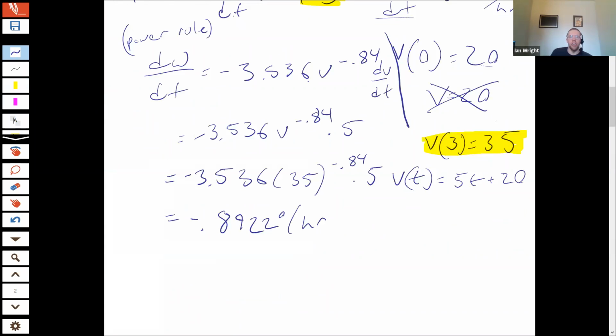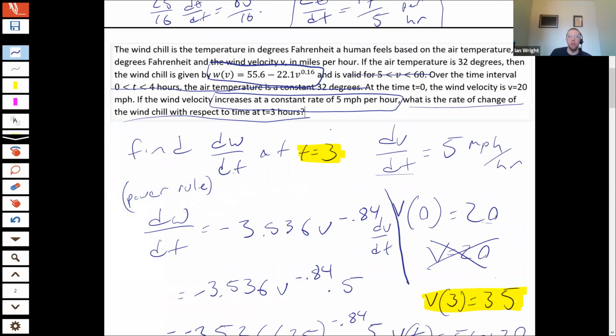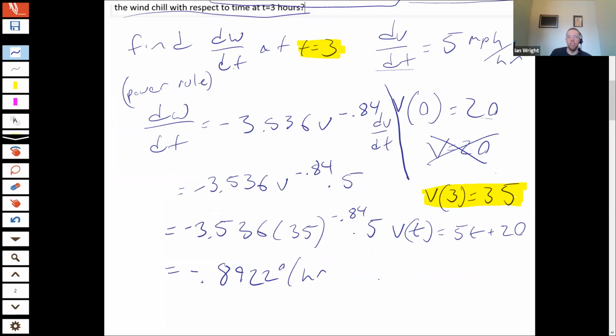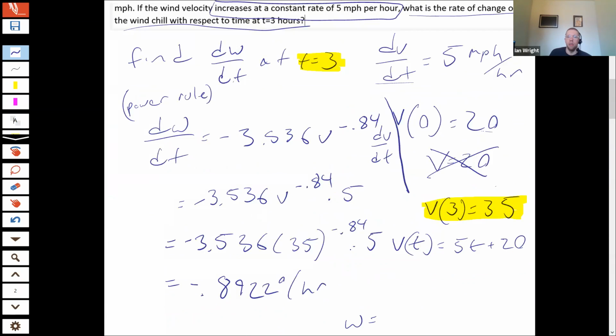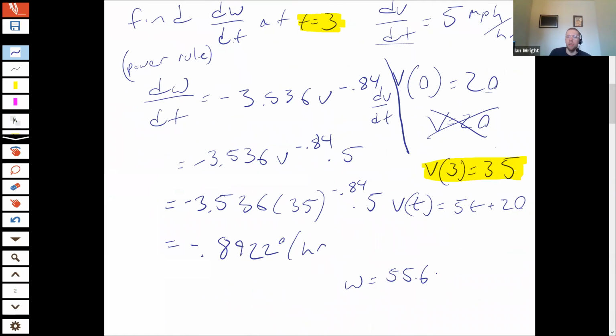Notice what I could have also done is I could have said that W, I could have taken that same function and plugged in V. So I could say that W is 55.6 minus 22.1 times 5t plus 20 to the point, what was it, 0.16. So I could have plugged in my velocity function in here, and I actually would have gotten the same result.